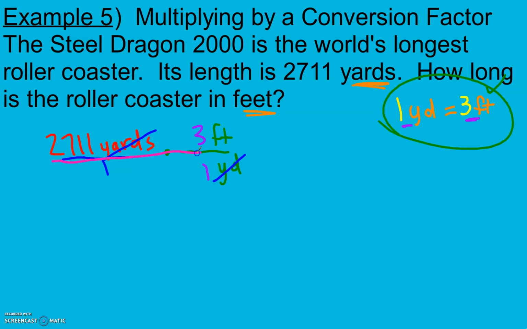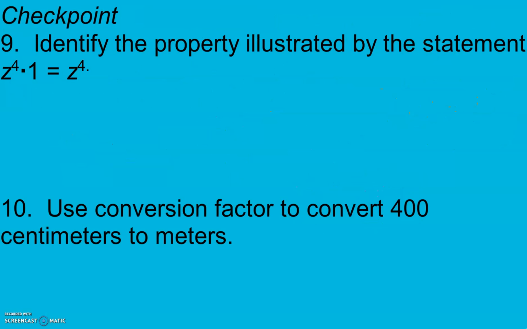So I take everything in my numerator, multiply together, and everything in my denominator, multiply together. I'm going to get 8,133 feet is my label over just 1, and we know anything divided by 1 is just itself. So 8,133 feet. Feel free to pause here and give this a try.